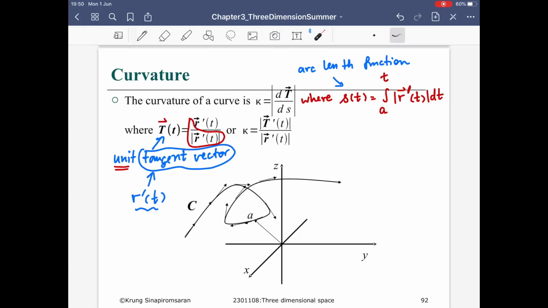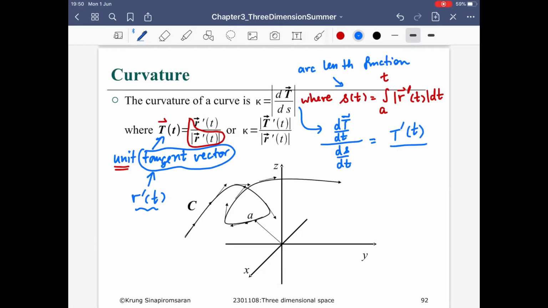Okay, so by using the chain rule, you can say that this was actually the derivative with respect to t, because your capital T is a function of small t, and your s is also a function of small t. So the one on the top is simply the derivative of capital T, and how about the one on the bottom?